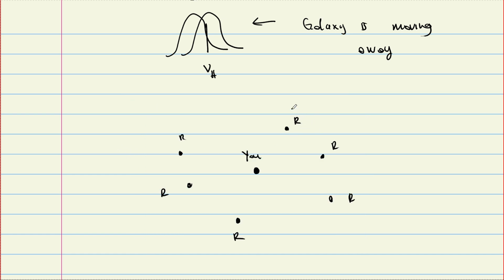Now there is one more piece, a little bit more surprising. What people found is that, suppose you look at another galaxy, there are ways to determine how far the galaxy is from you, which doesn't concern us. But if the distance is a little bit bigger, the redshift seems to be increasing, right?